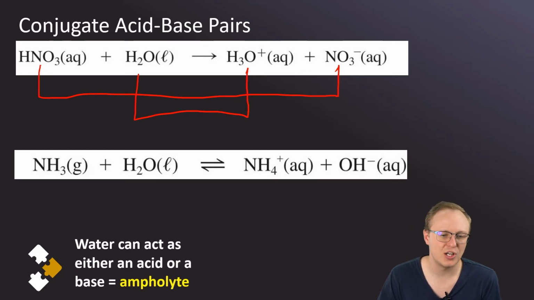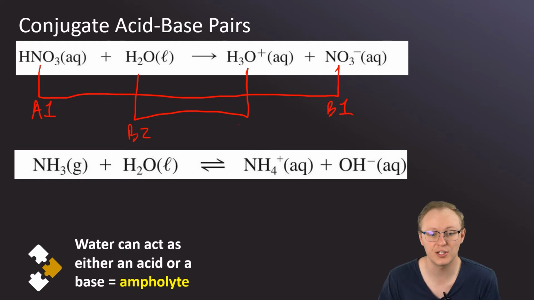So for HNO3, nitric acid, to become nitrate, it has to give away a proton. So we're going to call this acid 1, and then its conjugate base is the nitrate ion. And then the H2O must be receiving, and so I'm going to call this base 2, and so its conjugate acid is the hydronium ion.